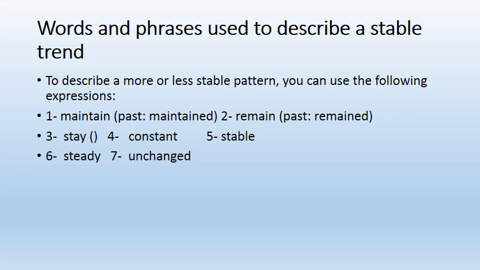Words and phrases used to describe a stable trend. We discussed upward and downward trends, now we are talking about the stable trend. To describe a more or less stable pattern, you can use the following expressions: maintain, maintained; remain, remained; stay; constant; stable; steady; unchanged. So these are the words.